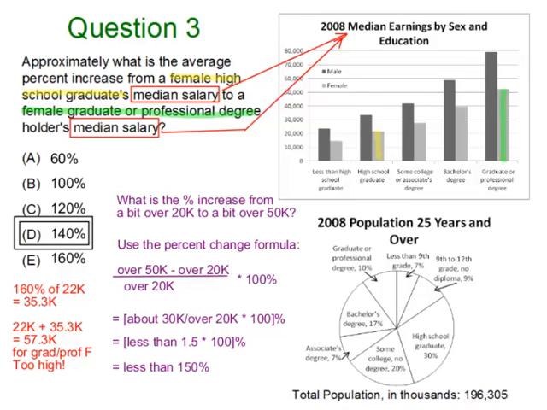So 160% of, let's say it is 22K, rather than saying it's just a little over 20, let's just pick a number. Calculate that, add that, that's how much more the graduate and professional females make in their average salary, and that would put them at 57.3K. And we can tell that that's way too high on this graph.